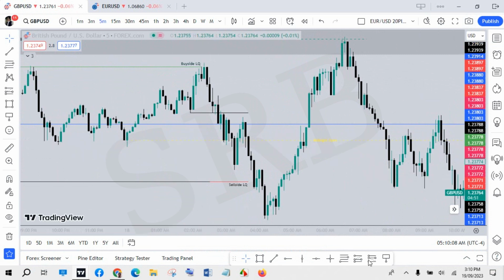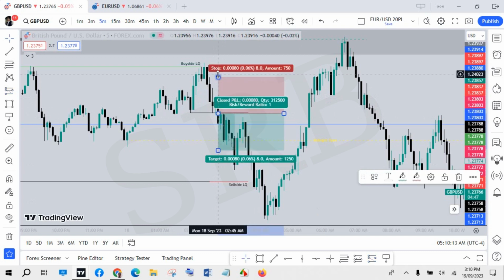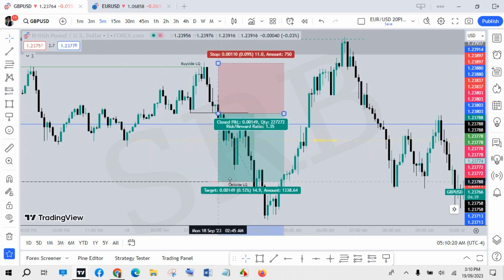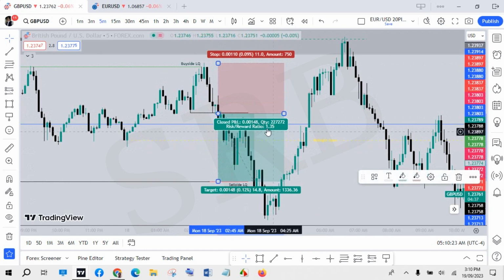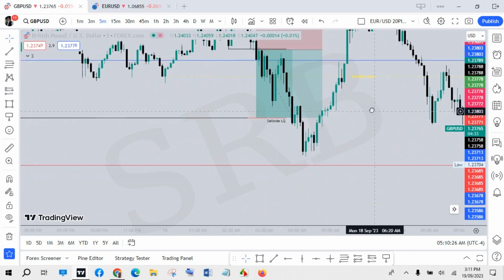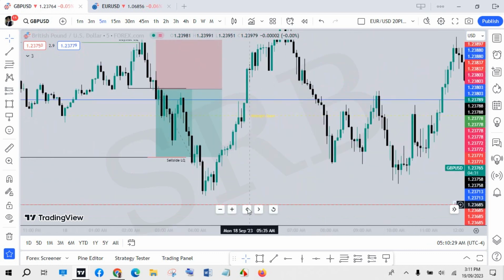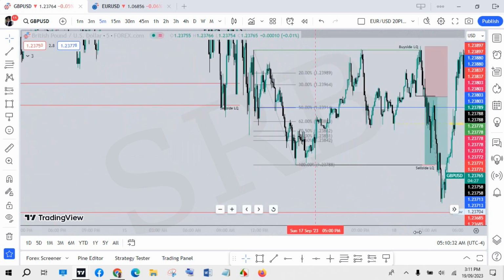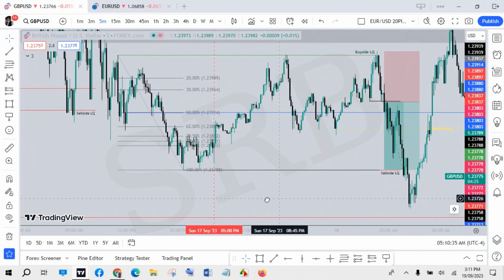So if we use the 5-minute time frame, we sell at this level, stop loss above this high, 11 pips, sell side liquidity below us. We get a 1-to-1 trade. Of course, we have that high time frame to do it, if we don't want to be too greedy about it.